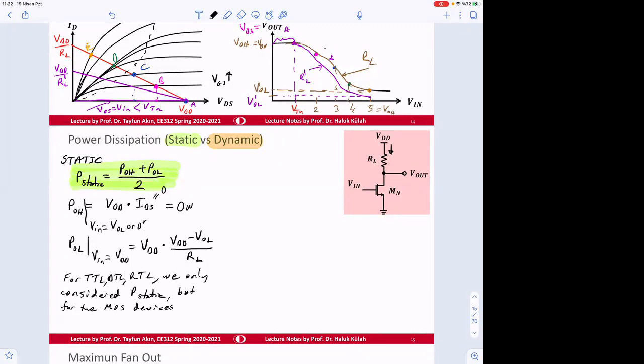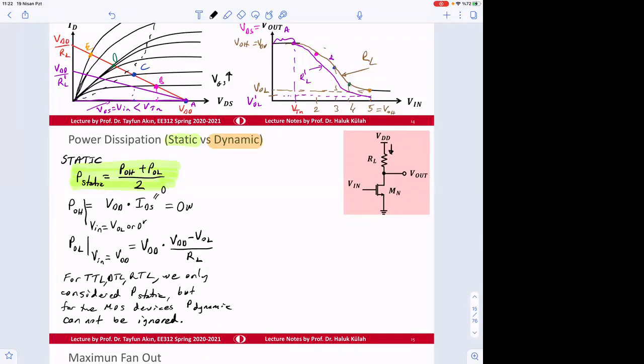But for most devices, P dynamic cannot be ignored. In fact, when we see the CMOS, we will see that static power dissipation is going to be 0. Therefore, we have to consider dynamic power dissipation.